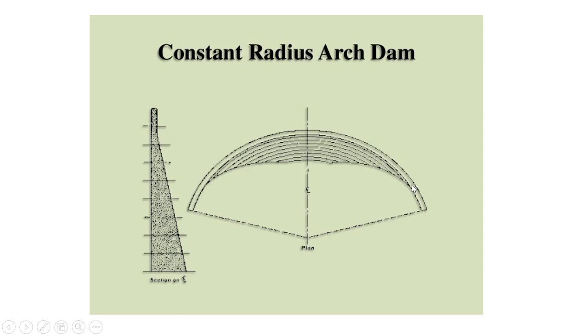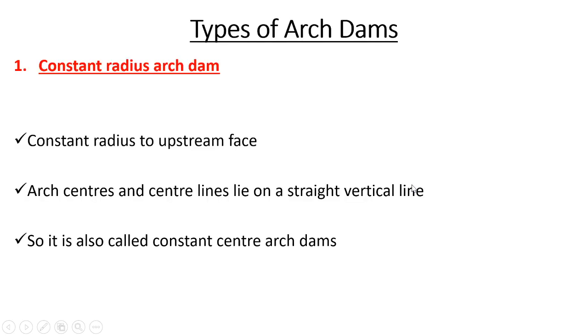That is why it is called a constant radius arch dam. Also, for a constant radius arch dam, the arch centers lie on a straight vertical line. Since the arch centers are common, it is also called a constant center arch dam.